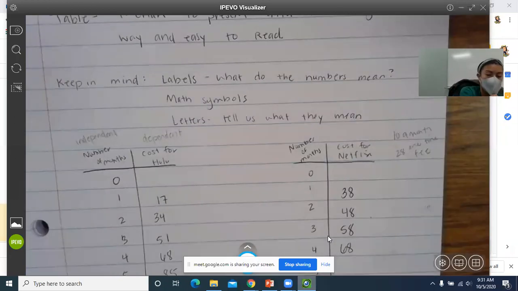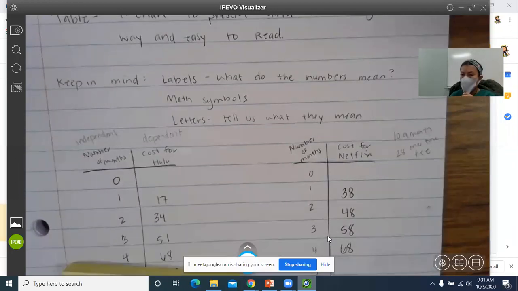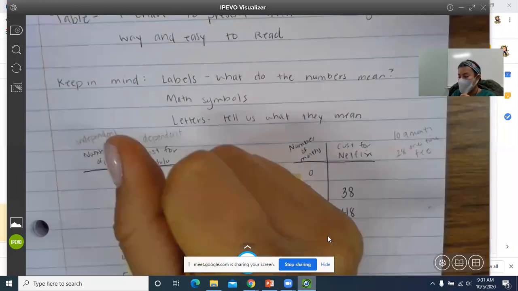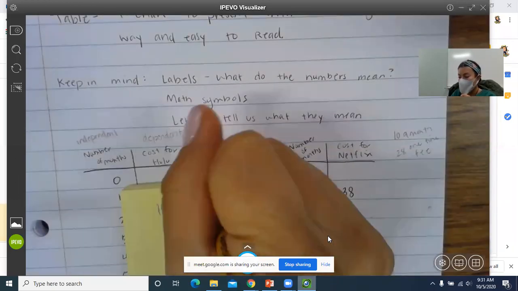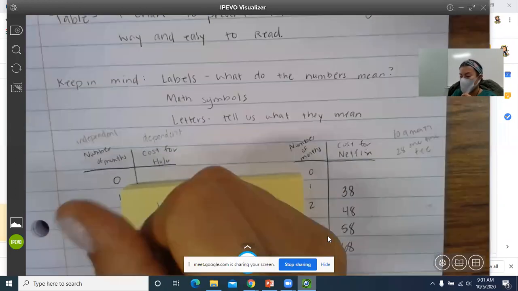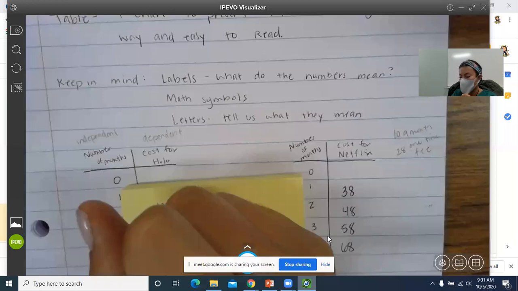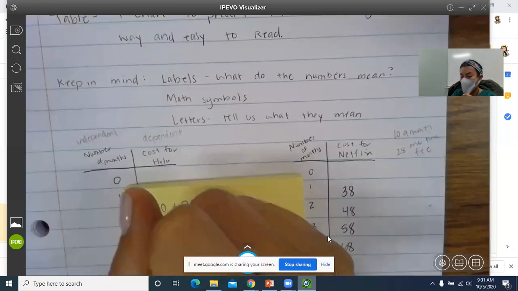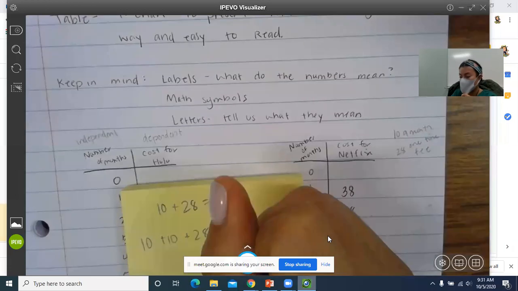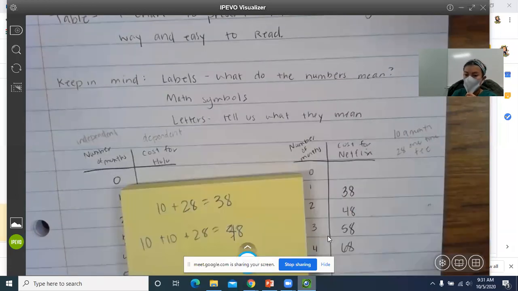Netflix was a little bit different because there was a one-time fee. We said that if you were with them for 1 month, you were going to pay the $10 a month fee and the $28. So if you were with them for a month, you would be paying $38. If you were with them for 2 months, you'd pay the $10 the second month, and you still have to pay the one-time fee, and that would come out to $48.